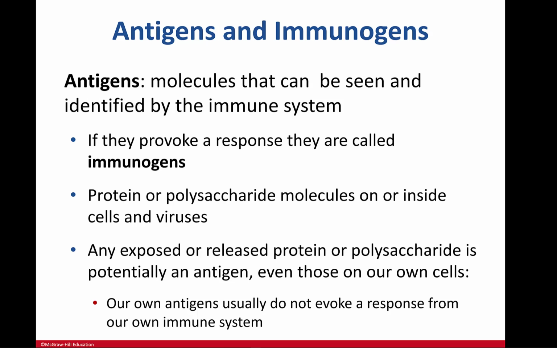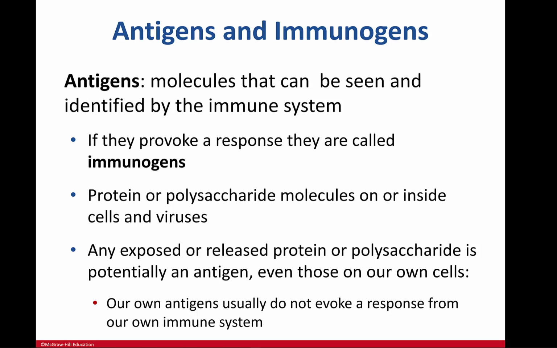And that could be part of the characteristics. They could be covered with a glucose or a mucus or something, and that just doesn't do very well for immune response. But if there are protein or polysaccharide molecules on or inside, those are antigens that usually provoke a pretty good response.